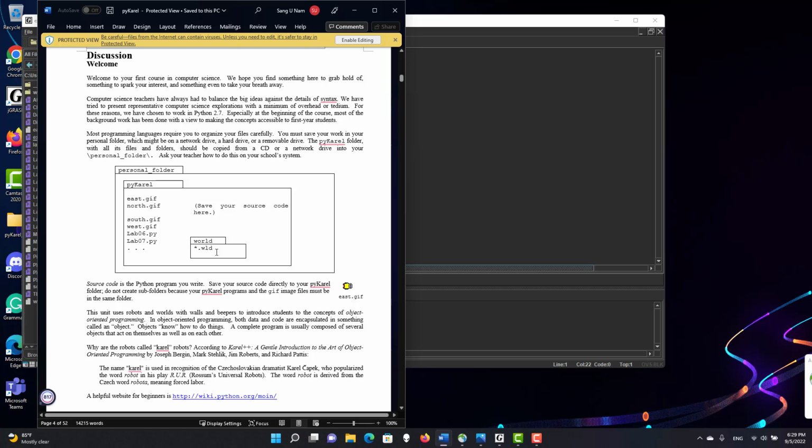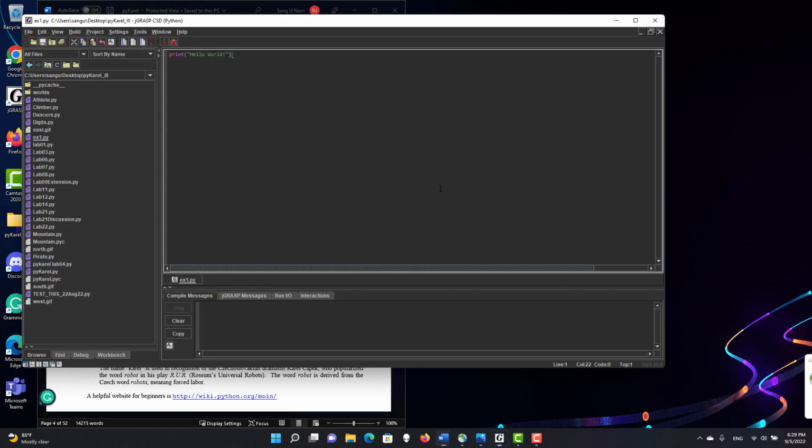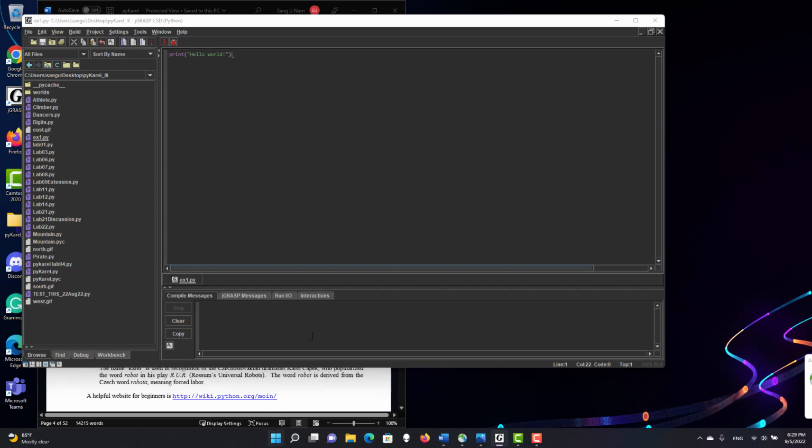So basically, what we are going to do is utilize some of these files in our program. And when we do this, we sometimes use file paths, meaning we have to tell the computer where your files are located. These are the rules that we are going to use. We are going to put all of our Py files in one place.